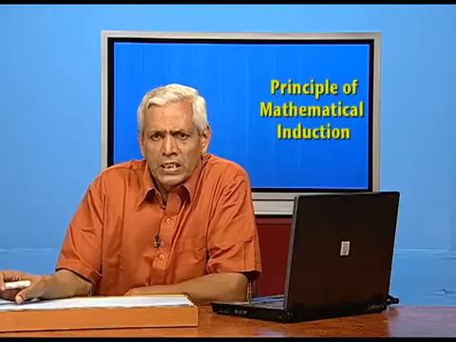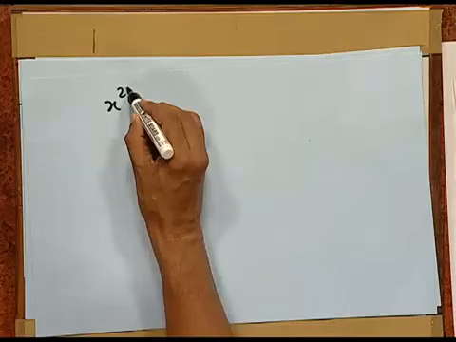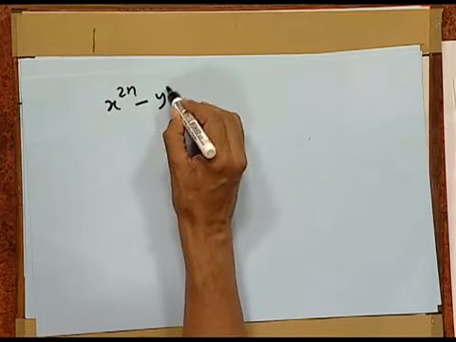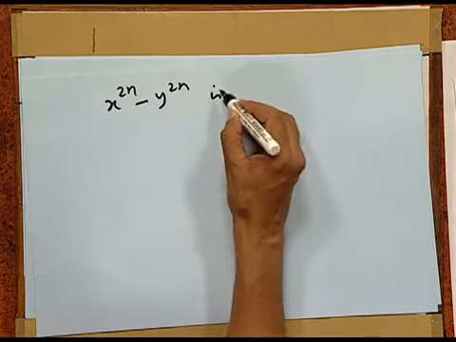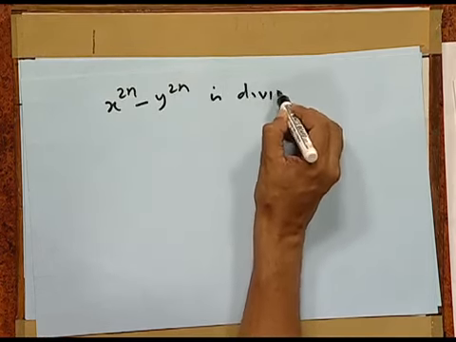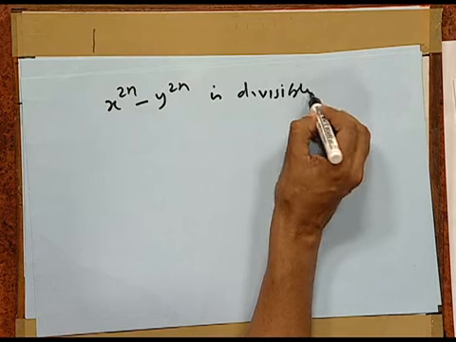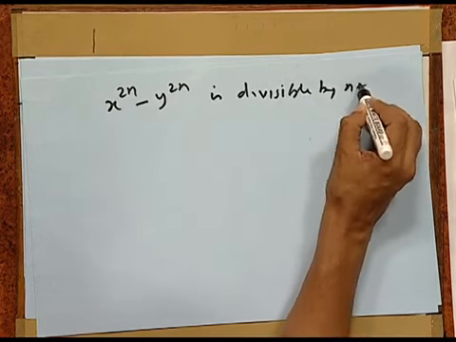Now, so far whatever problems we considered, either equality was involved or inequality was involved, but in mathematics there are other problems in which there is no equality or inequality, but some other relation is mentioned, that x to the 2n minus y to the 2n is divisible by x plus y.